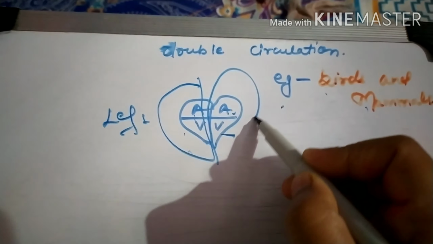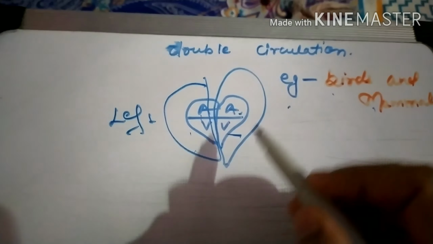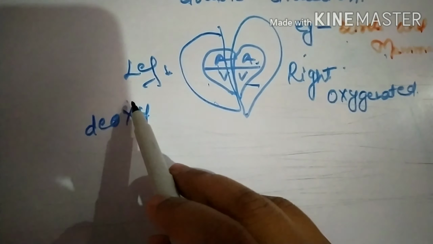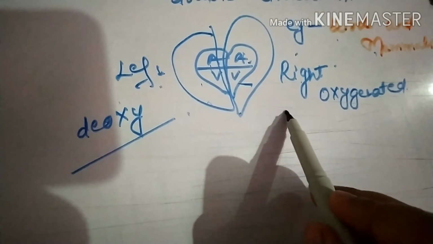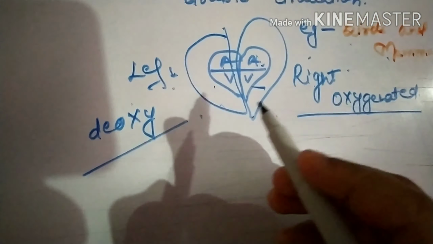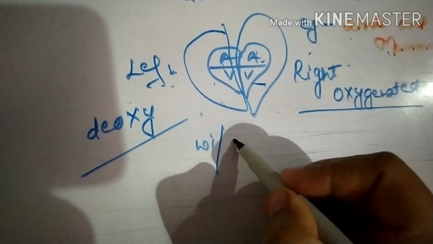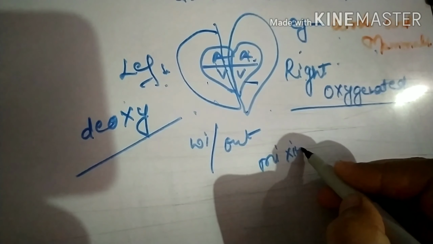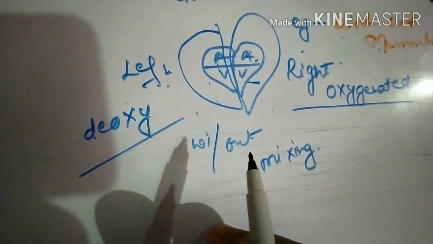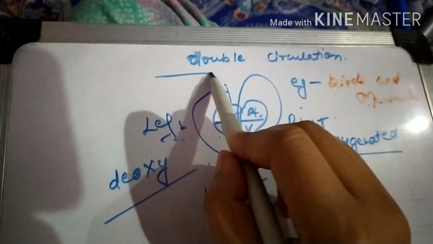The right carries the deoxygenated blood, while the left part of the heart carries oxygenated blood, without mixing. That's why this is called double circulation.